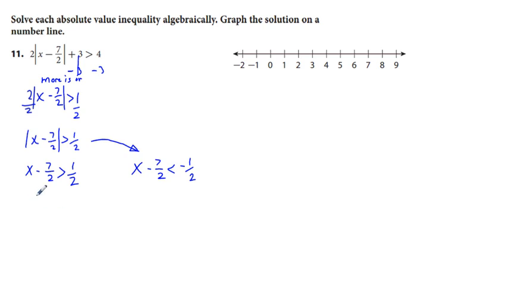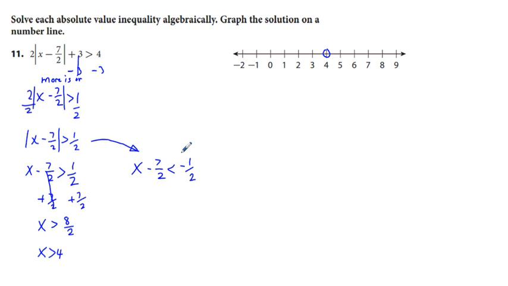And now we add 7/2 to both sides of this first inequality on the left, and we get x is greater than 1/2 plus 7/2, or 8/2, which simplifies to x is greater than 4. And we know that's greater than, so we can come up to the 4 and put this right here.